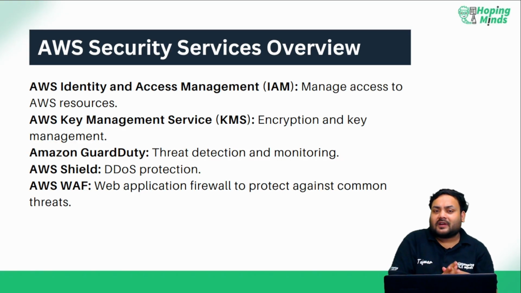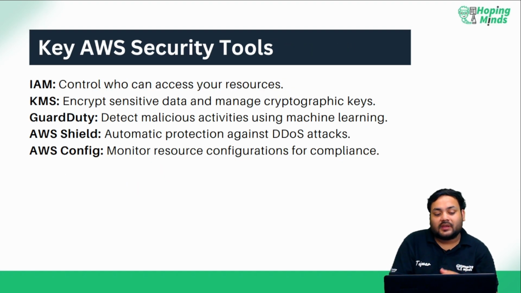For WAF we have a subscription model, and it is somewhere around $3,000 per month. In the upcoming session we are going to understand these things in a practical manner. There I will show you how you can implement this and what exactly the costing of these services is.